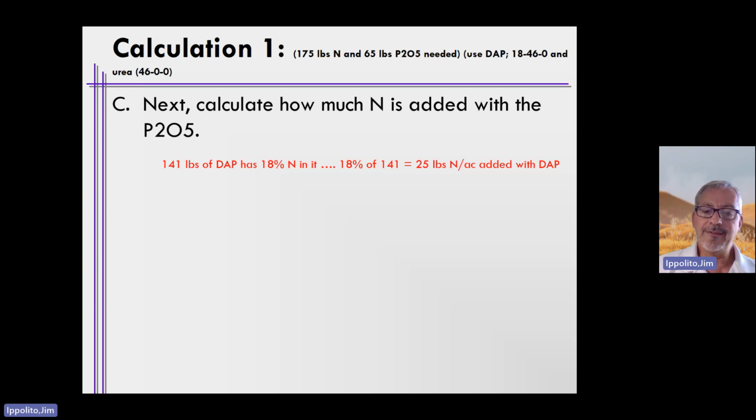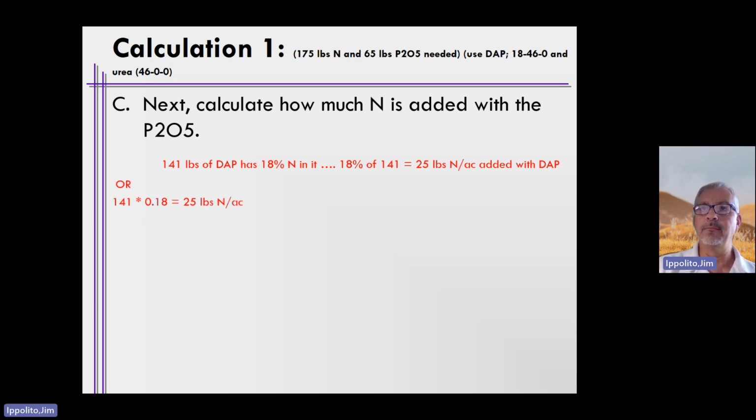So if you ever have to do this on a test, try to think logically. 18% of 141 equals 25. Or when we apply 141 pounds of diammonium phosphate per acre, we're actually also applying 25 pounds of nitrogen per acre with that diammonium phosphate.